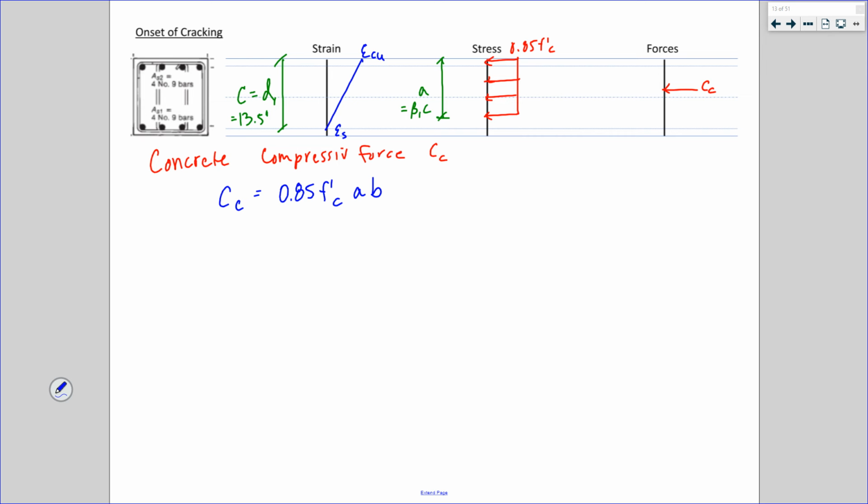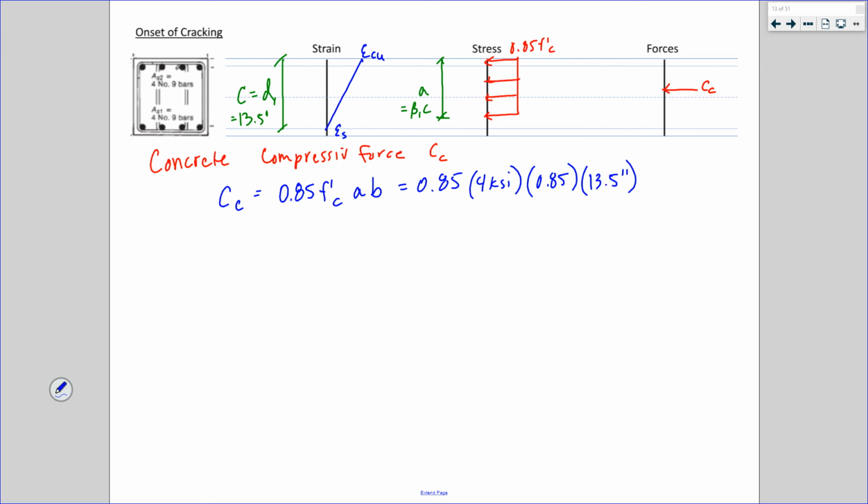So that would be 0.85 F prime C, which is 4 KSI, A, which is beta 1 C, so 0.85 times 13.5 inches.